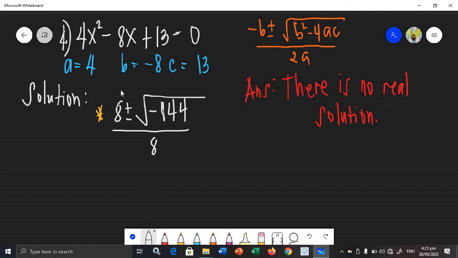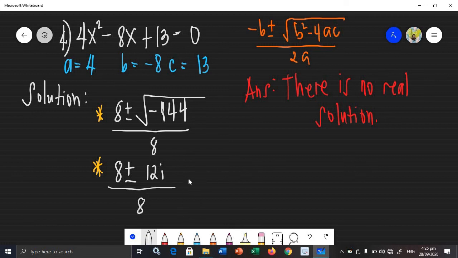Sa other books na solve to, so I believe merong isang mathematician na nag-propose ng symbol na i for us to solve quadratic equations like this. So if Ma'am Noemi will solve this, ang magiging sagot dapat nito ay square root ng negative 144, that is 12i. Pansin nyo, imaginary kasi. All over 8.